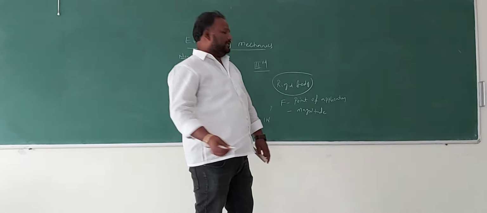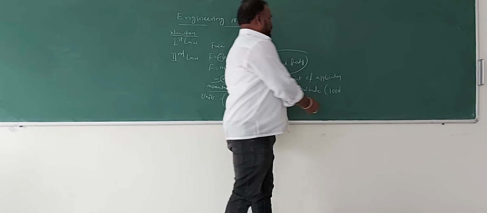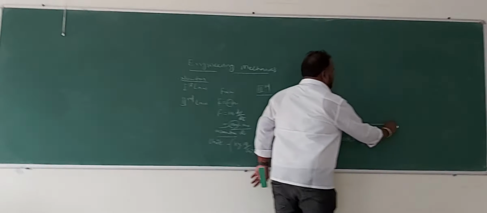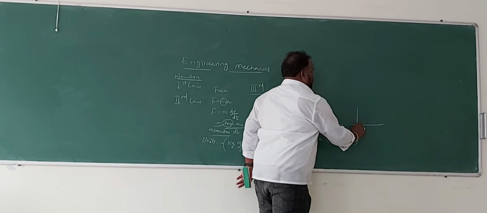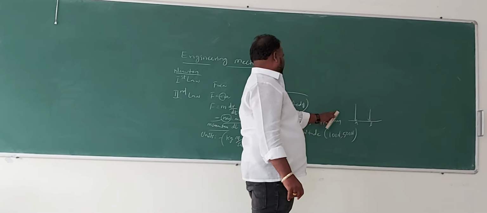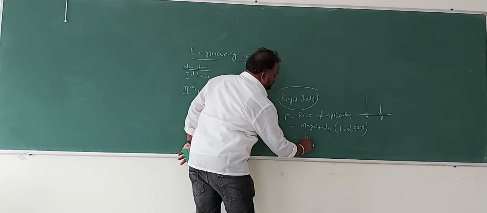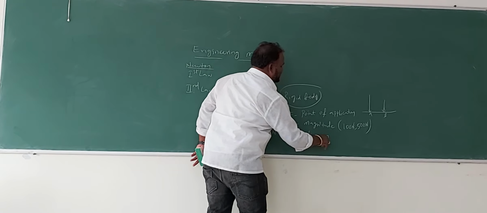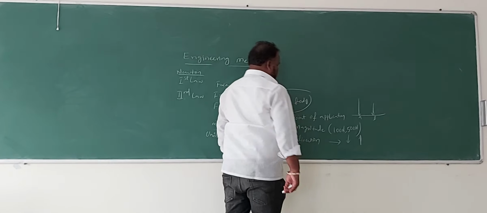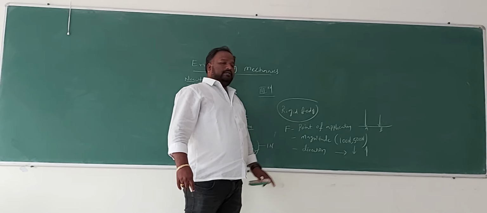For example, 100 newtons is a magnitude, 50 newtons is a magnitude. Whereas point of application means that on the body, at A or at B, this is the point of application. And the next one is direction. The force may act to the right, upwards, downwards, like that. The direction of the force is also a very important characteristic.